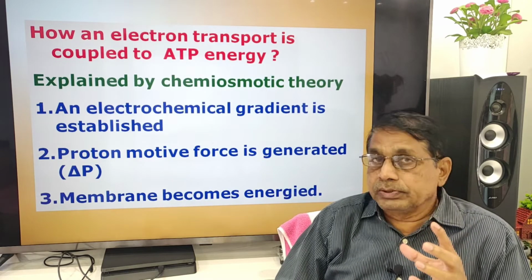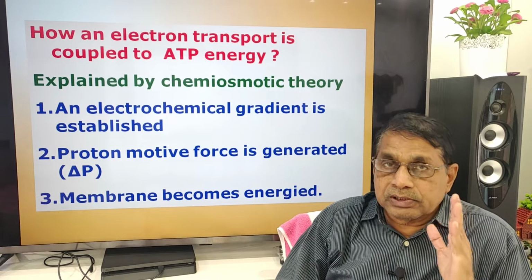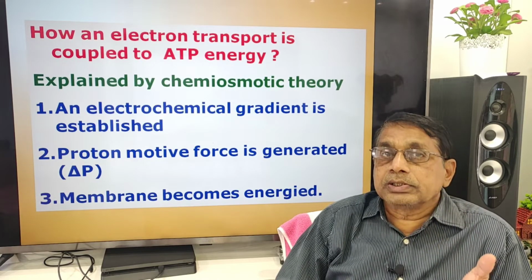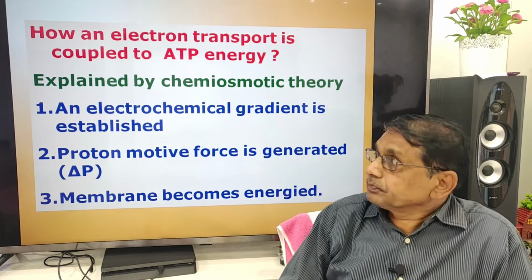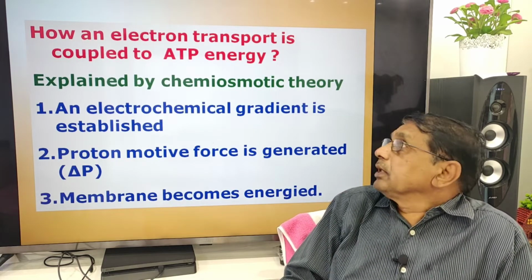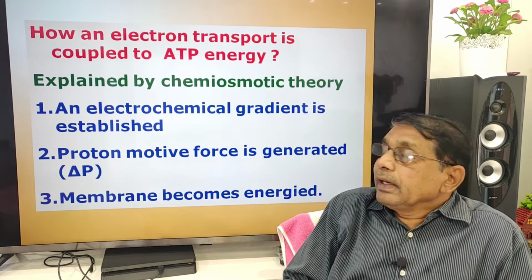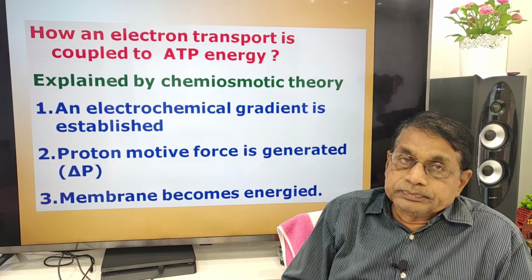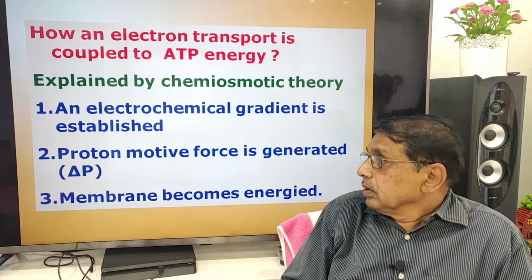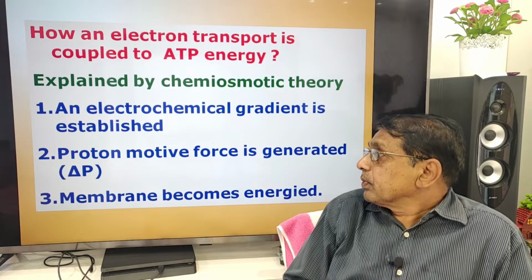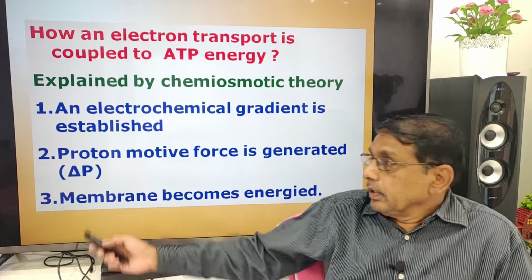This is the big question: ATP synthesis, phosphorylation, photophosphorylation is there, but how does that process occur? It is explained by chemiosmotic theory. An electrochemical gradient will be established, also known as proton motive force, PMF.